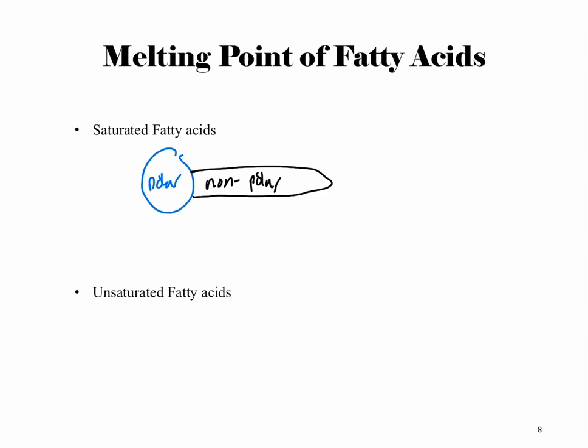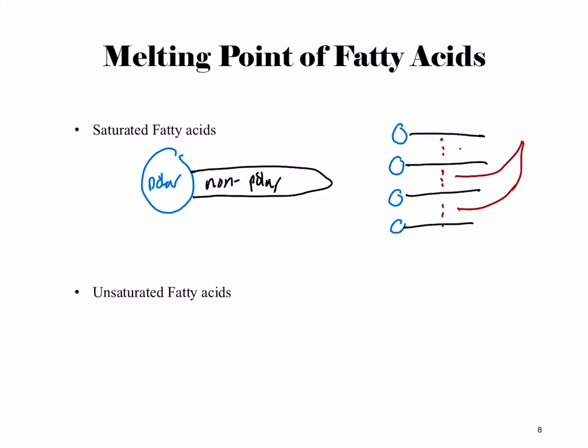And so what this means is that if we had a bunch of these next to each other, they would most likely be able to align to maximize the intermolecular forces. And these are mostly going to be London dispersion forces because the nonpolar side is probably going to dominate the forces. So London dispersion forces scale with molecular size.